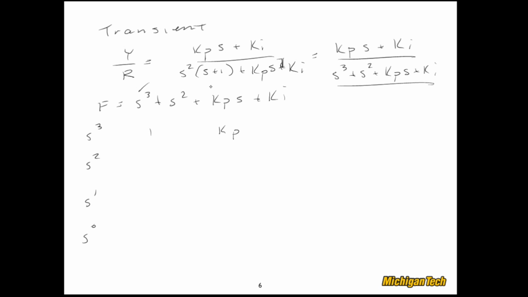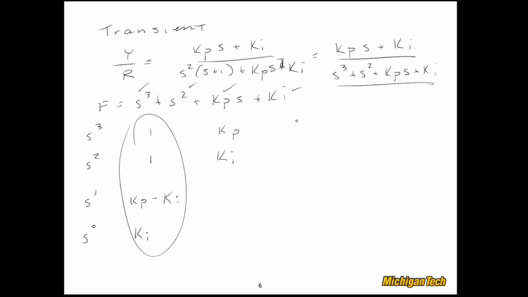So I pick up my 1 and my Kp from there and there, and my 1 and my Ki from here. I'm doing a Routh array. The s1 term is Kp minus Ki over 1. And this last term is Ki. So for stability, everything in this column has to be positive.